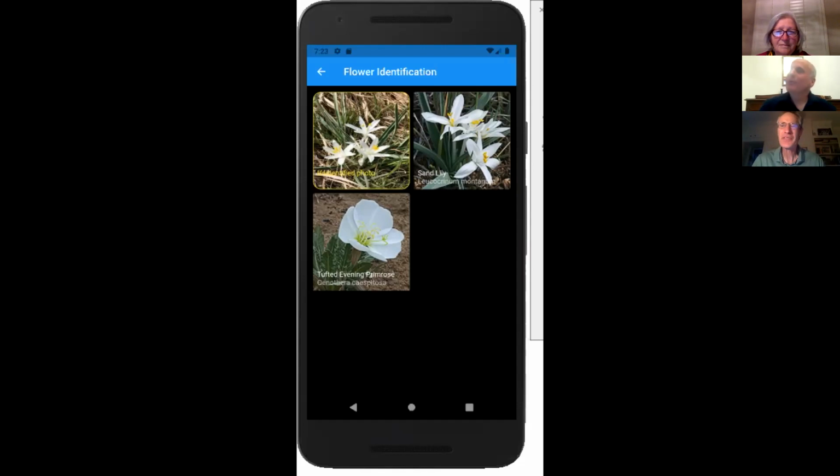Different apps actually have different amounts of data, obviously. iNaturalist, which is one of the apps that we're going to look at, has a very big data set that is public domain. It's open to everybody. It's an open source data thing. So what we do is we download all the data they have for the species that we're interested in Colorado, and then filter through them based on quality.